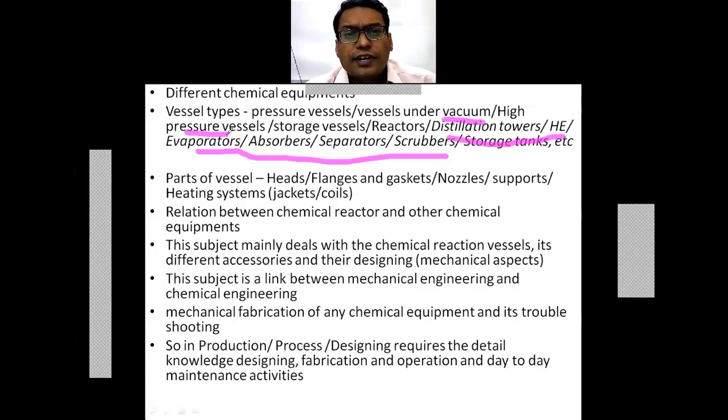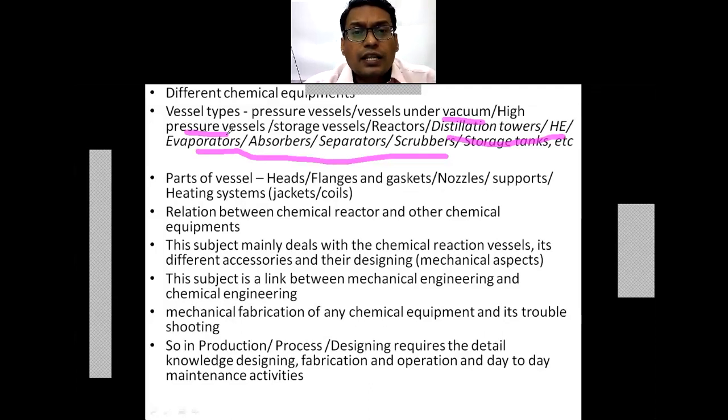These are our different types of vessels, and everywhere the designing procedure for the vessel, whether it's a reactor, distillation column, heat exchanger, evaporator, separator or scrubber, involves the mechanical aspects of designing, that is consideration of stress, strain, and calculation of thickness depending on the operating pressure and temperature conditions.